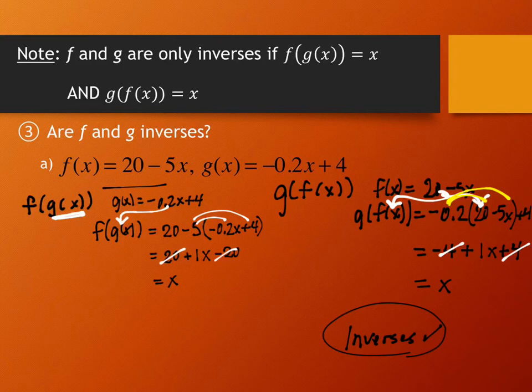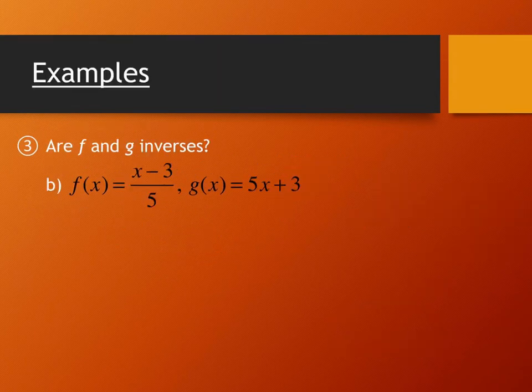So let's do the process again with some different functions. These were linear equations that we saw. Now I have one that looks like it's not linear. It actually is. It just has a different form because it's fractional. So we're going to do the same thing. F compose G of x. So G of x is 5x plus 3.